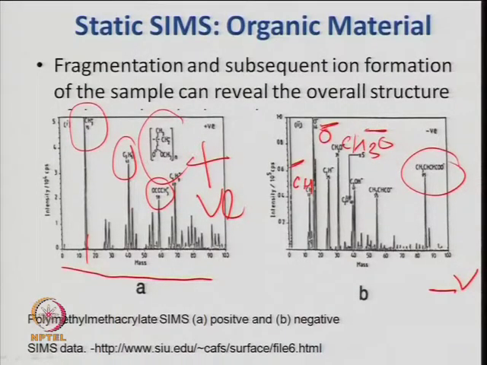Here, this is your CH3 plus. So, one can correlate this positive and negative with the composition. This is just one chemical composition, and the same thing can be done when you have a catalyst material. These kinds of peaks can be correlated with the composition of the matter.